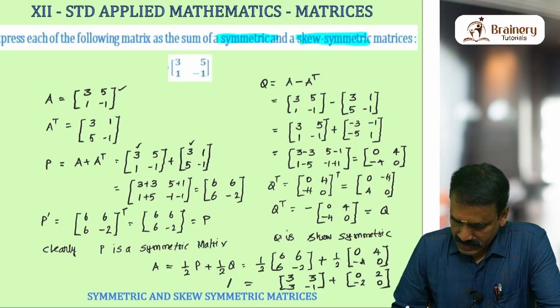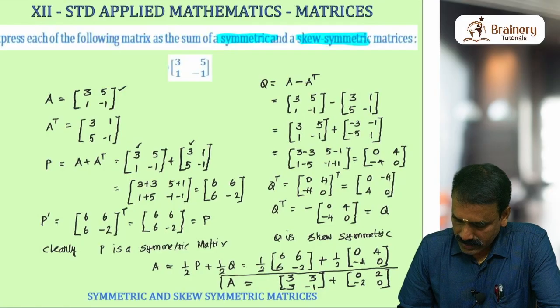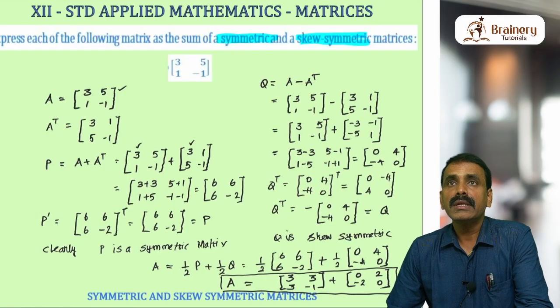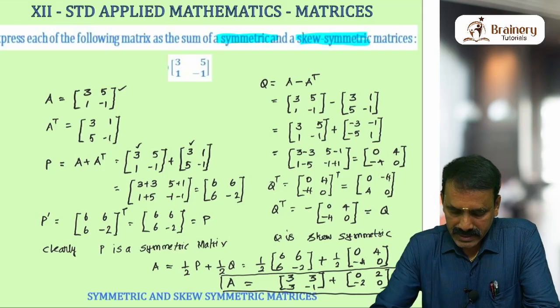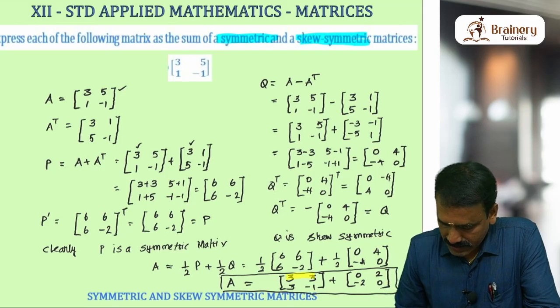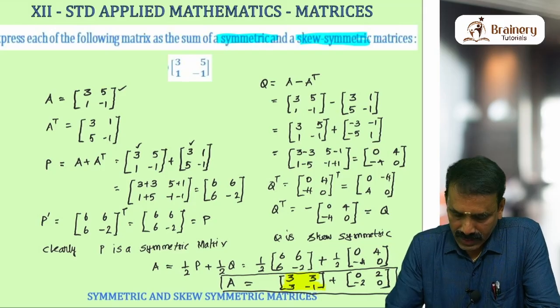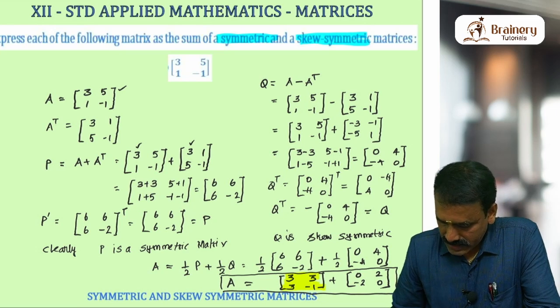So by which the matrix A is written as sum of two matrices. The first one is going to be a symmetric matrix, okay, and the second one is going to be a skew symmetric matrix.